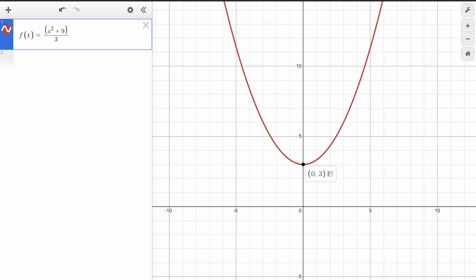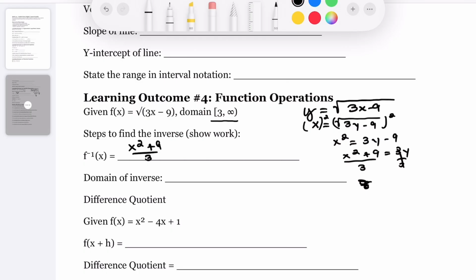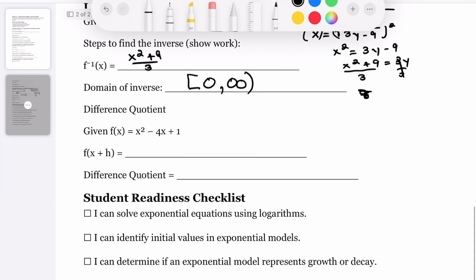The explanation that I'm given in this sample problem is really murky. So for the domain of the inverse, just put 0 to infinity. I'm just not overly concerned with it, and I need to move on.